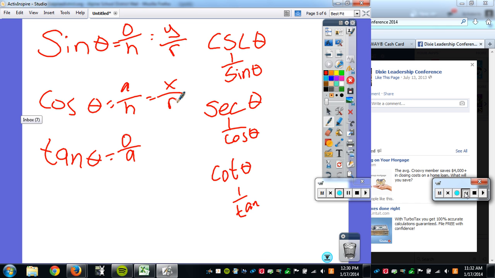And then notice, I don't know if you guys remember from last year, tangent was sine over cosine, right? You guys remember that? Tangent was sine over cosine. So notice it is y over x. So therefore, what's cosecant?